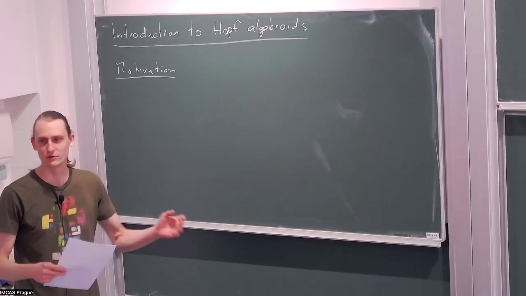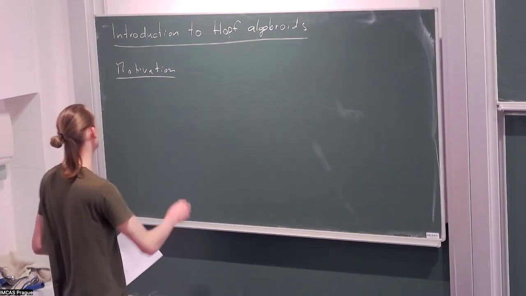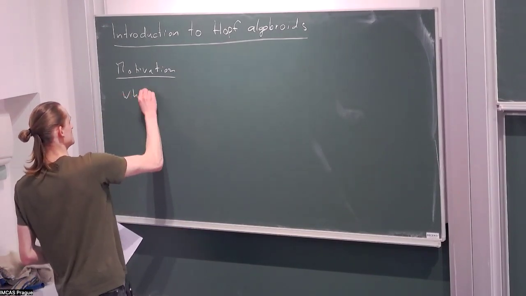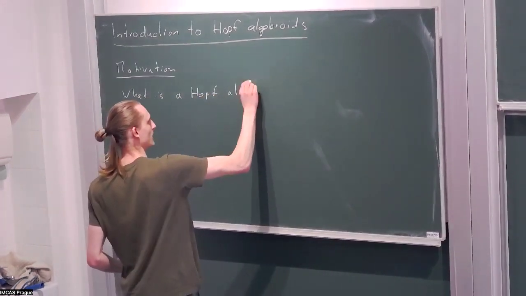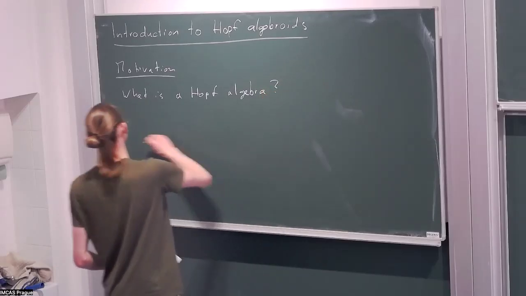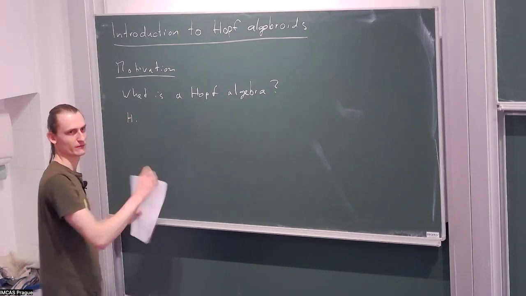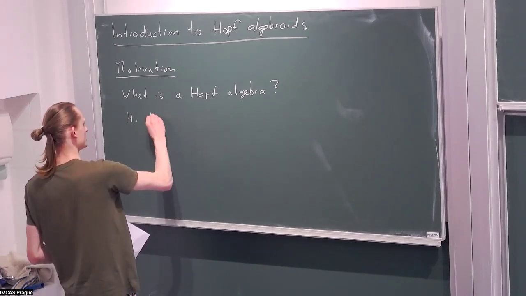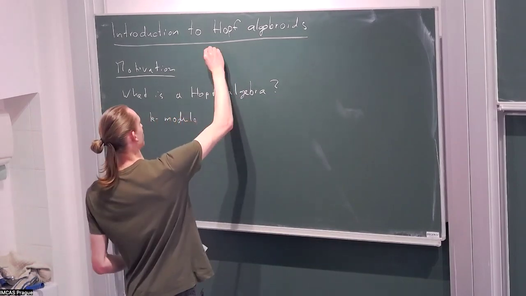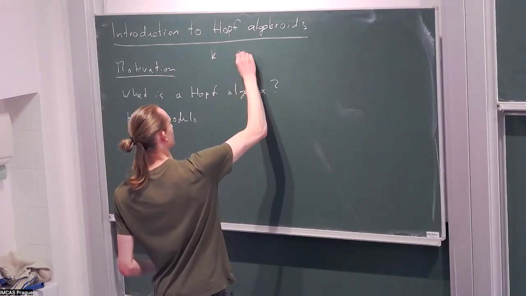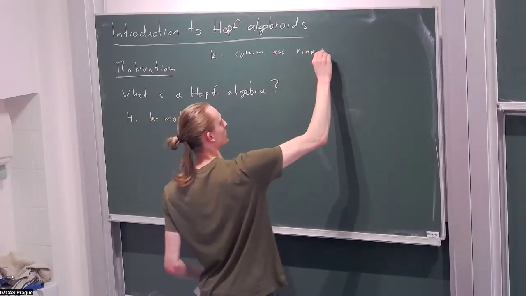If you remember the definition of a Hopf algebra, so what was a Hopf algebra? This consists of an underlying K module H. For this talk, K will be a commutative associative ring with unit.